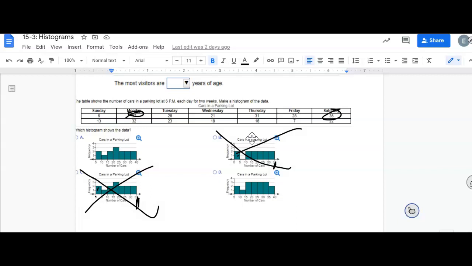All right, then between A and D, now it's a 50% chance to get this problem right. What is the correct answer? Tyson? A. A is correct. Why is D incorrect? What's one reason why you can figure out D is incorrect? Patrick?